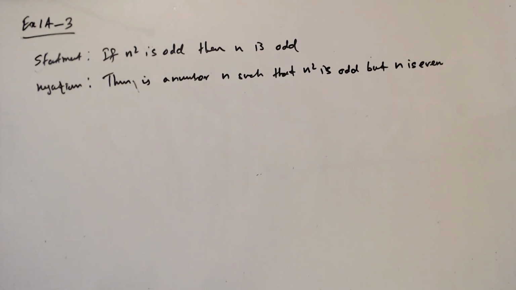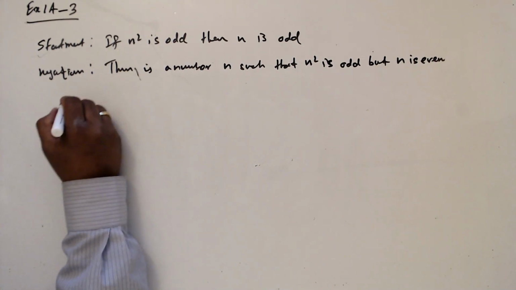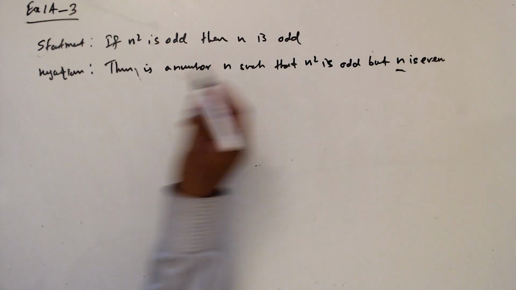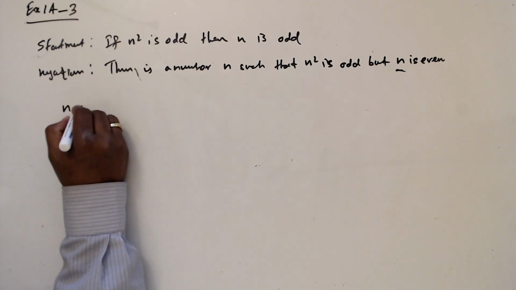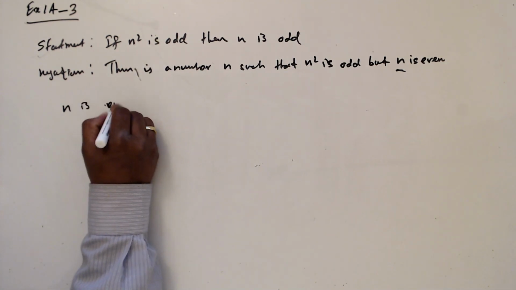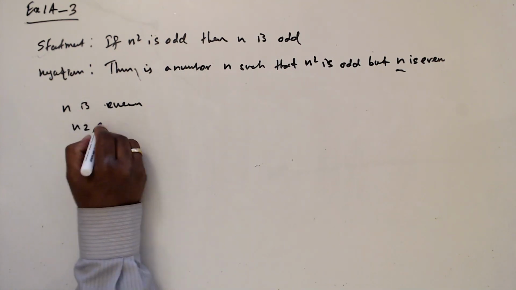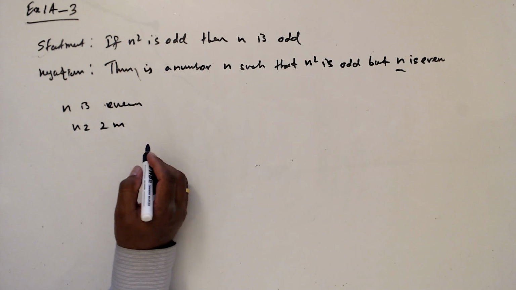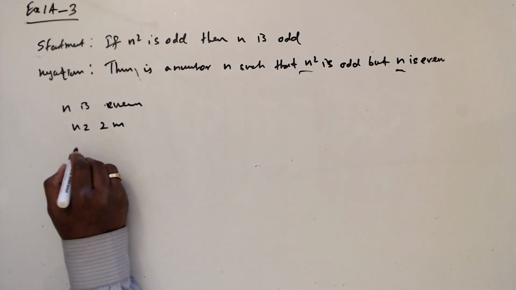We will start with n. So we'll consider n is even. So we can write n equal to 2m. Then we'll look at what n square is.